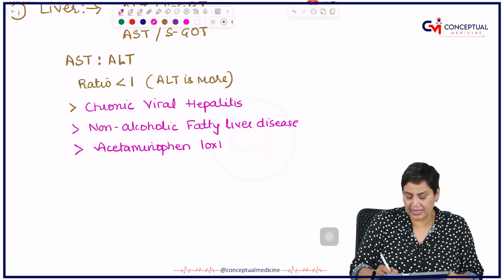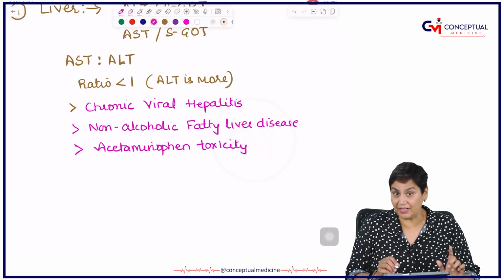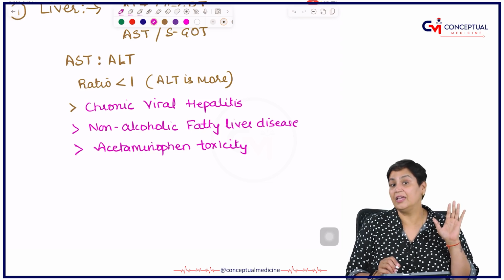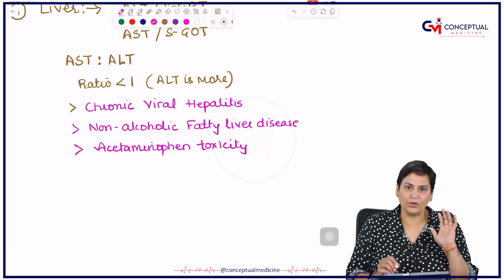So whenever there is elevation of ALT, it is an indicator of chronic viral hepatitis. It is an indication in non-alcoholic fatty liver diseases and in acetaminophen toxicity.